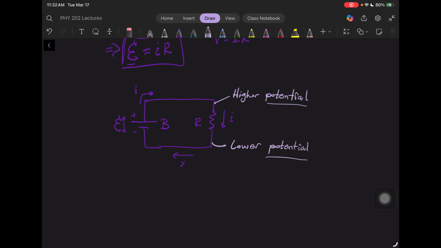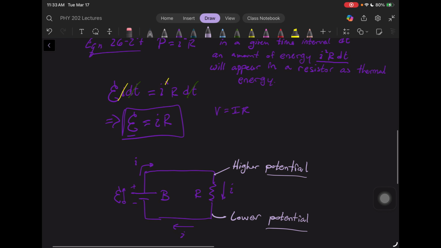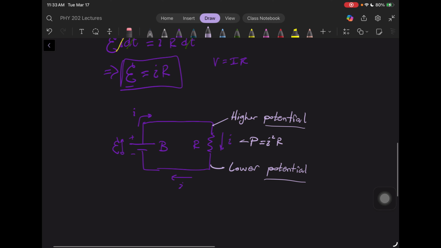And so for gravity, it was usually kinetic energy that we transformed our potential energy into. Here it's heat, right? Resistors get hot when you flow current through them. And so this would be our P equals I squared R. And so the energy we dissipate through the resistor is what mediates our drop to a lower potential, right? So instead of it being kinetic energy, it's heat, thermal energy.